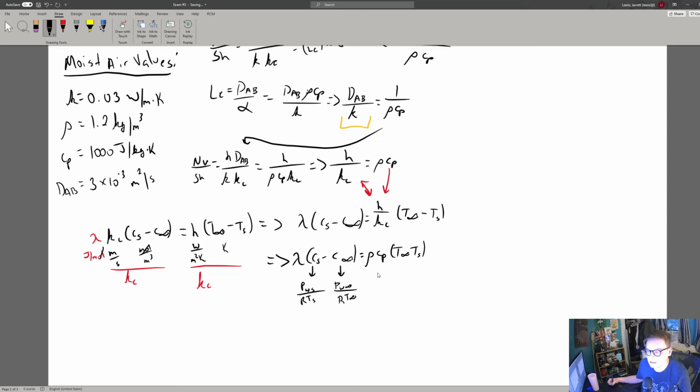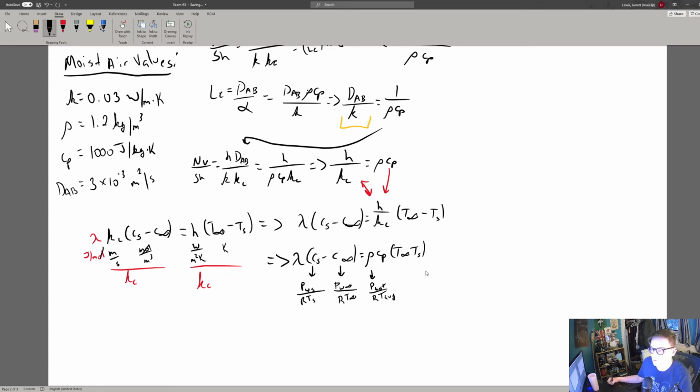And for density, we can use the total pressure divided by the ideal gas constant times the average temperature.